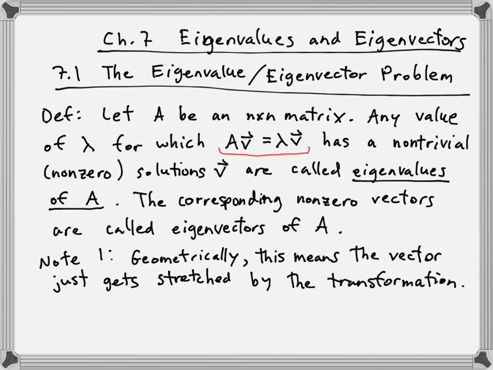If we look at this as a transformation, T of V is equal to A times V, which is just equal to lambda times V. If this happens, all the transformation does is stretch that particular vector.